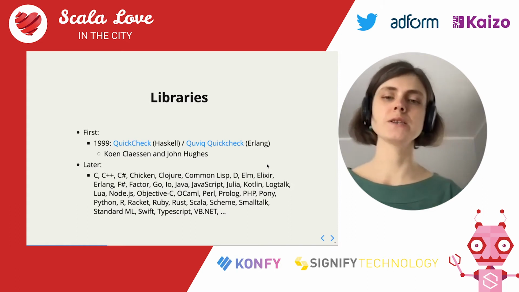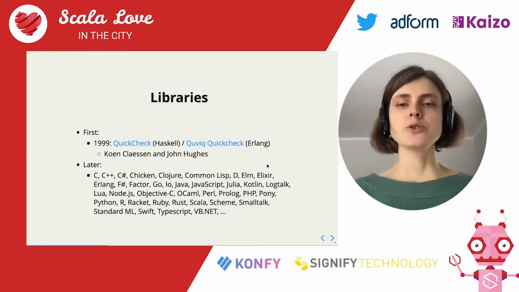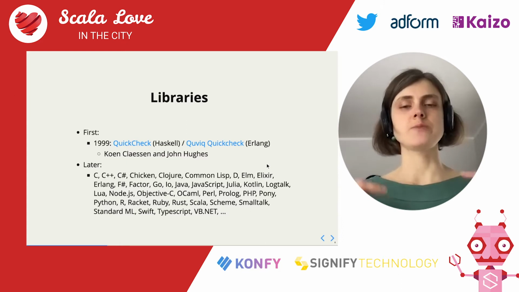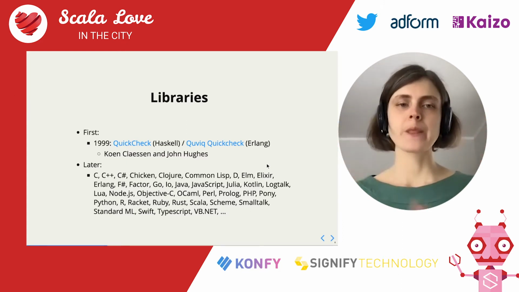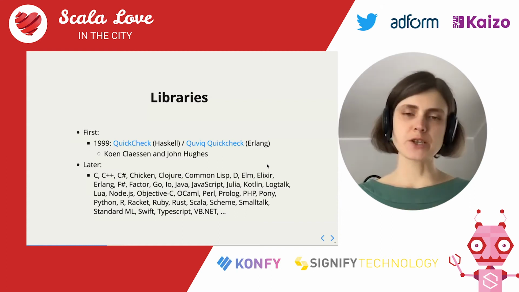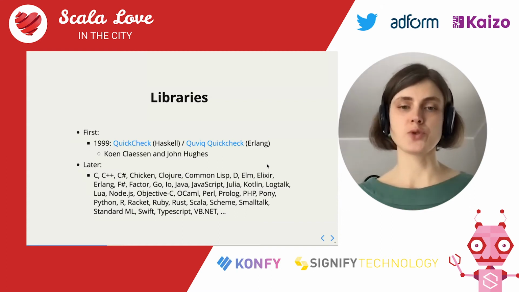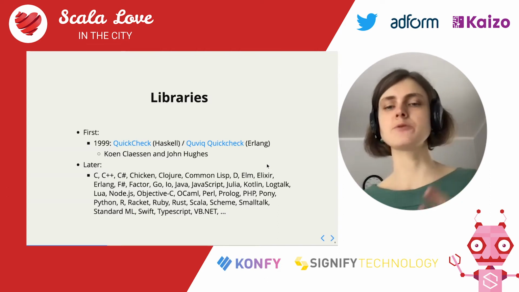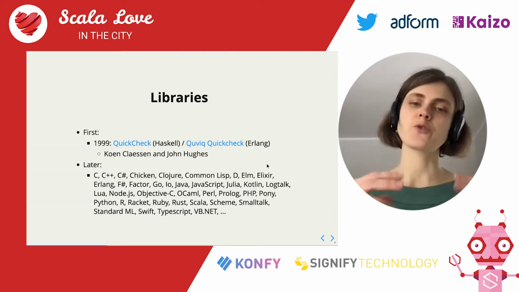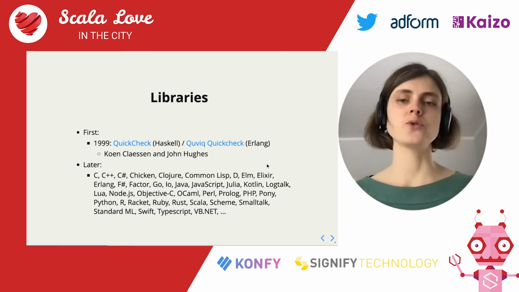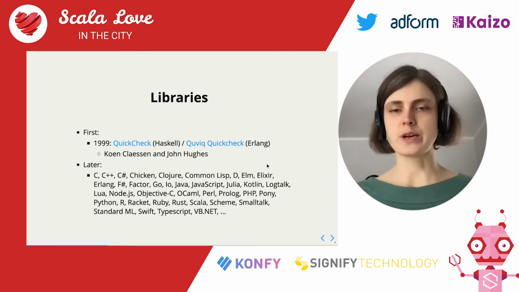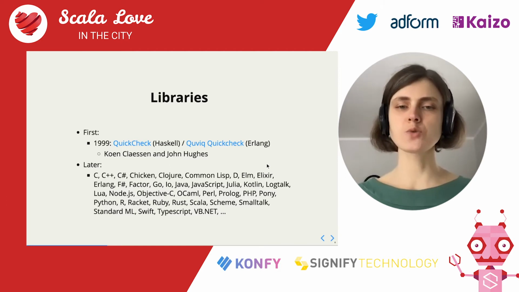I said at the beginning that here is the library which does some of the work for you. You define the rule, the library finds the examples. So it matters which library you choose. And some of those libraries, some of them are pretty basic. Some of them are very advanced and will generate better data for you and will help you find your bugs better. So where is Scala here?